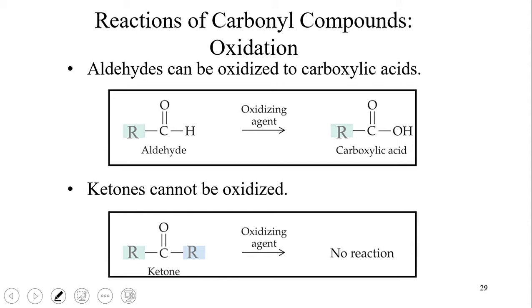So this is one way you can distinguish between an aldehyde and a ketone. Add an oxidizing agent. If you get a reaction and produce a carboxylic acid, the original compound must have been an aldehyde. If you don't get a reaction, the original compound must have been a ketone.